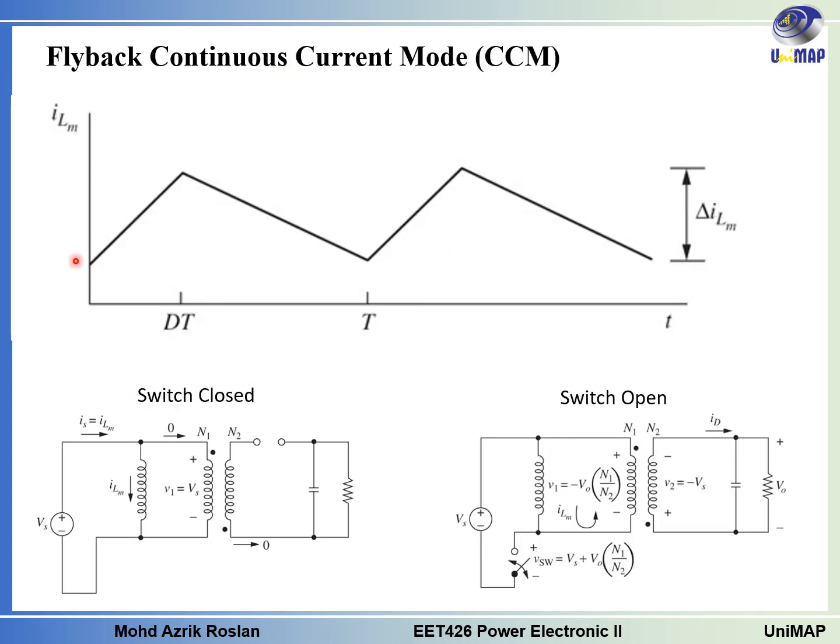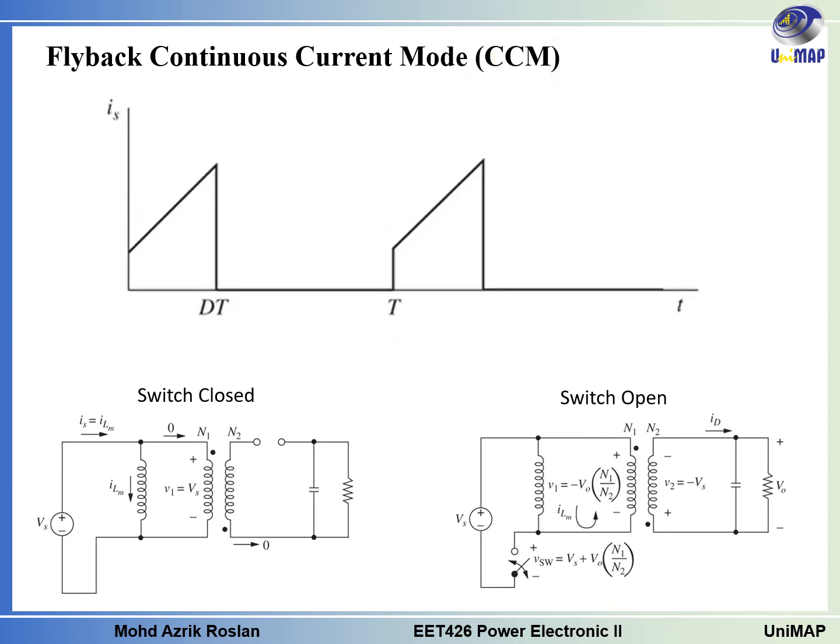Here we will refresh the shape of the waveform for the ILM. When the switch is closed, the current will flow like this, and when the switch is open, it will go down like this. So this is for CCM operation. For CCM operation as well, this is the IS, the input current here.